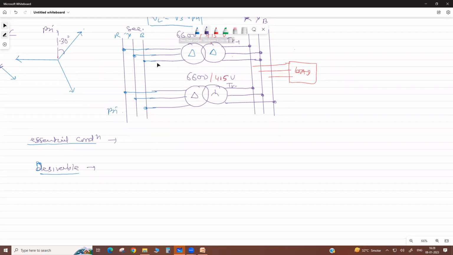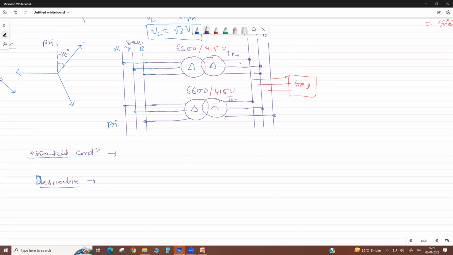What is essential? First is the phase sequence: R, Y, B should be the same. Then the secondary output terminal voltage, like the magnitude, 415.